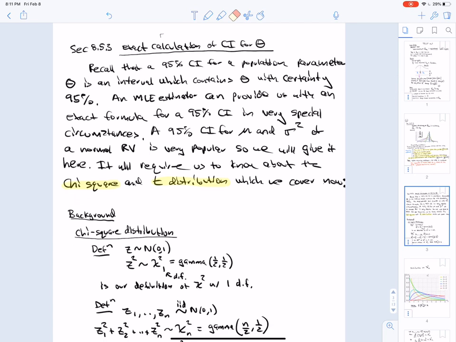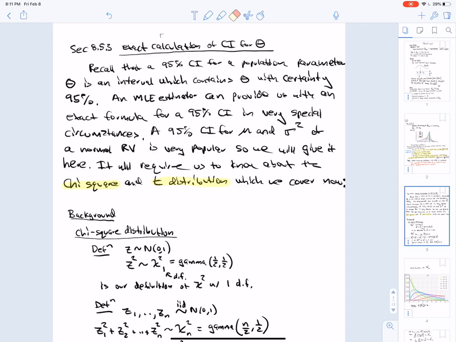So let's start now with an exact calculation of the confidence interval for theta. Remember that a 95% CI for a population parameter theta is an interval which contains theta with certainty 95%. An MLE estimator can provide us with an exact formula for a 95% CI only in very special circumstances.